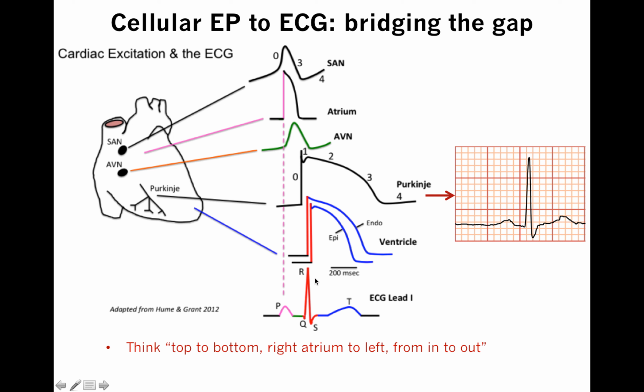And then the myocytes within the ventricles are responsible for most of the QRS potential. So if you add up all the electrical signals within the heart, you see what we have as the 12-lead ECG. And always remember that depolarization occurs from top to bottom and right to left. So first the atria, right atrium, then left atrium, and then down to the ventricles.